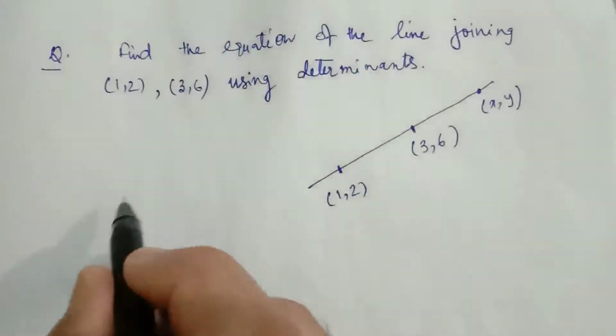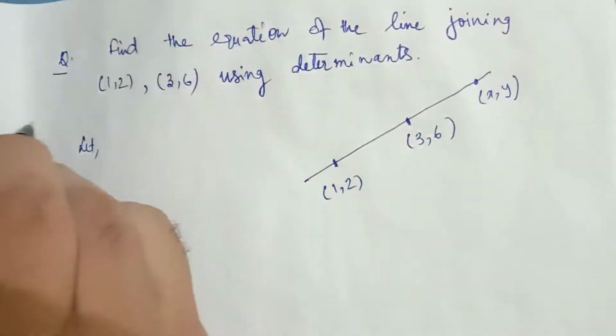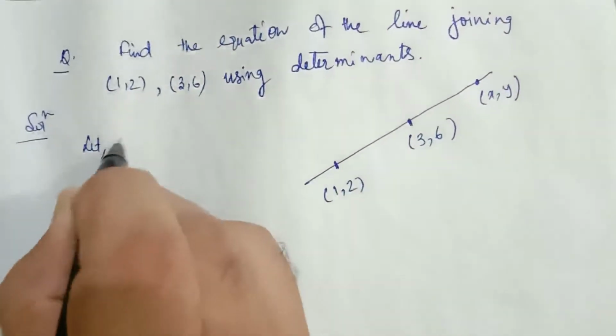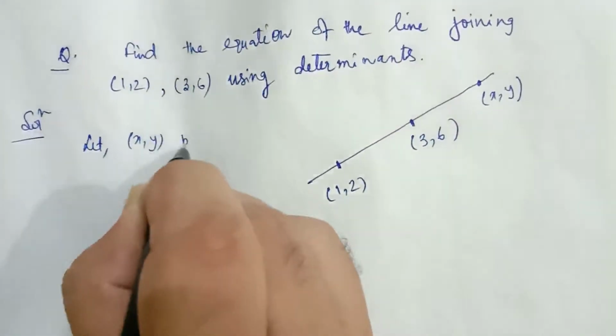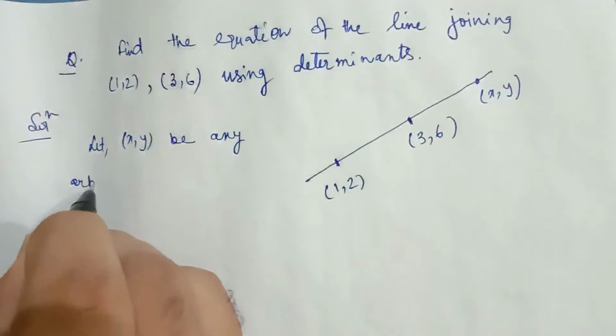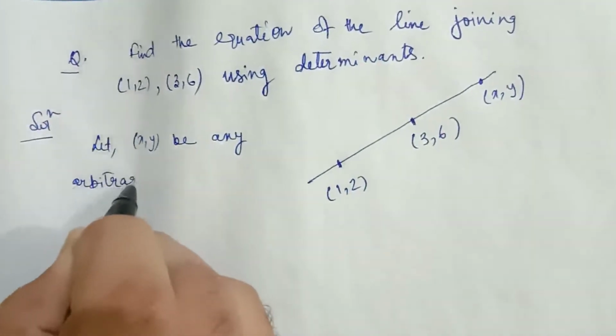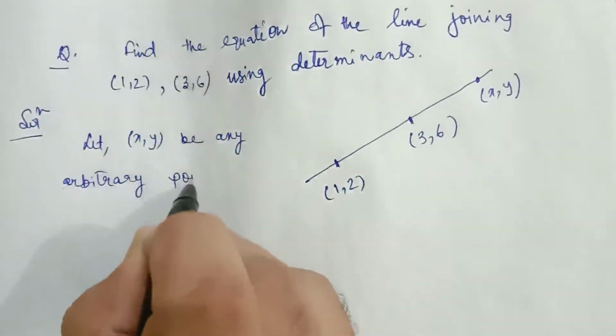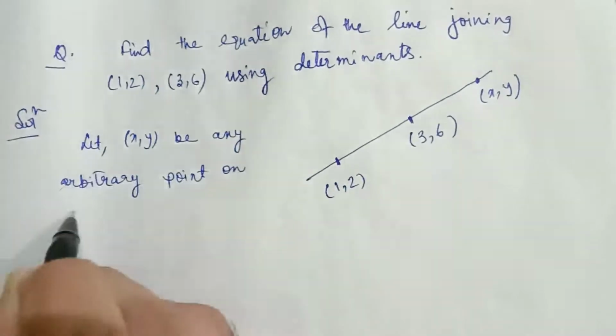First to write, let (x, y) be any arbitrary point on the line.